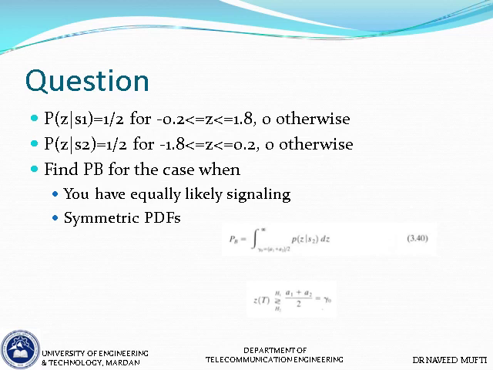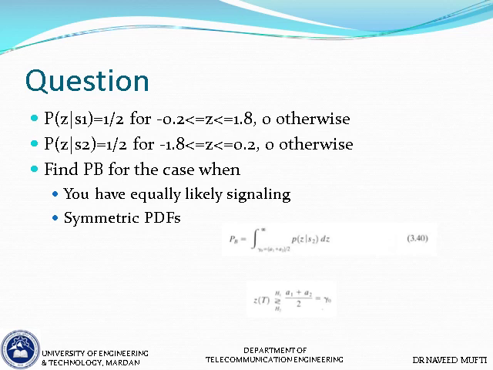Within this range, when the value of Z is between 0 to 0.2, what is the value of the likelihood function? It is constant. What is the value? 1 by 2. Here you don't need a long mathematical expression because you have been given a constant value, which is 1 by 2. So you can put all the values in the integration and solve it numerically.